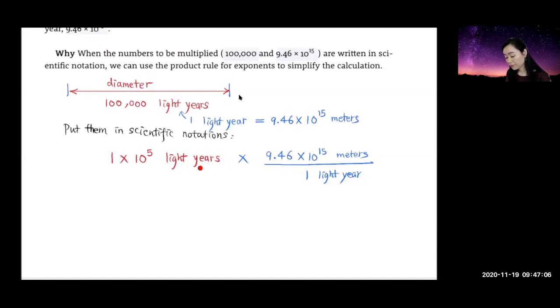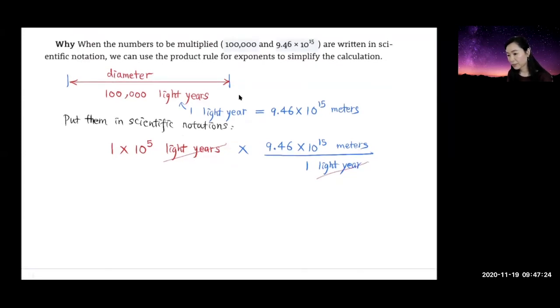To convert those into meters, we multiply by 9.46 times 10 to the 15 meters per light year. Then the light years cancel, and basically you just use this number to convert that into meters.